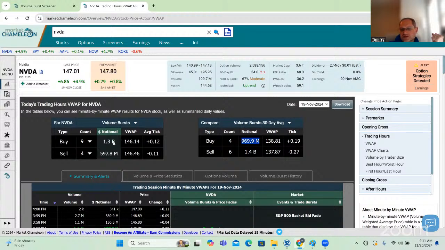So you can see that today is a little bit higher. And if we did it for the last 30 days, for an average price of 138.81, average up to 19 cents, versus sell bursts, 6 on average, $1.4 billion worth of stock for an average price of 137.87.